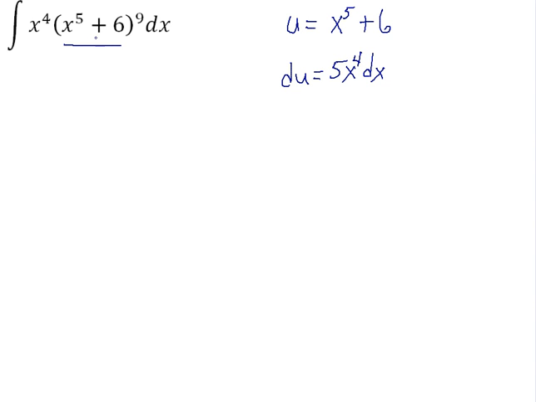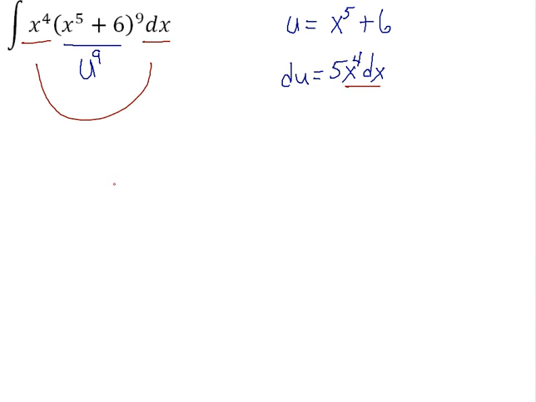Right here, we have x to the fifth plus 6 raised to the ninth, so that is going to be u to the ninth. But if we look at what's left, we have an x to the fourth and a dx. So this is not du. It's a fraction of du. It's close. It has the key components, the x to the fourth and dx. But du is really 5 times that quantity.